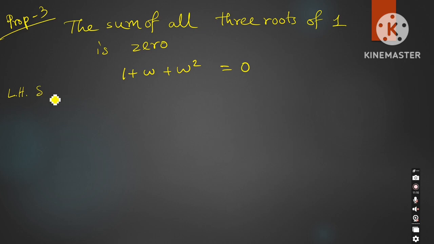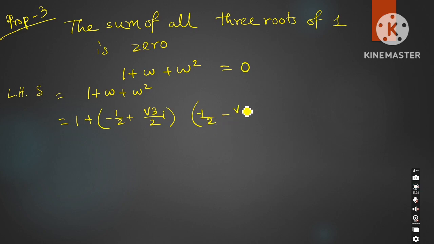Starting from the left hand side, 1 plus, let us take minus half plus root 3 by 2 into i, and omega square is minus half minus root 3 by 2 into i. So plus of minus half, that will be minus half, plus root 3 by 2 i, plus of minus half, that will be minus half, plus of minus root 3 by 2, that will be minus root 3 by 2 i.